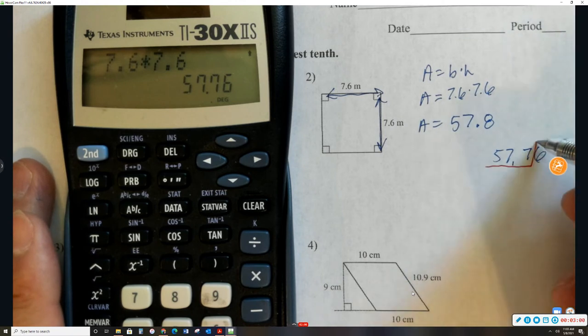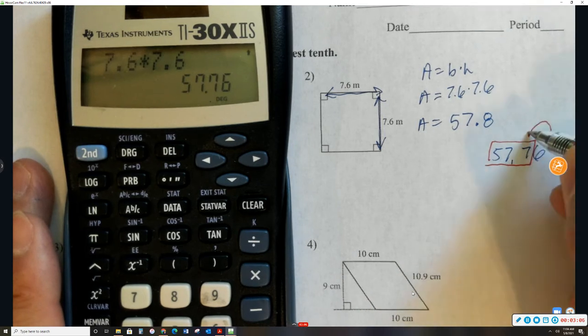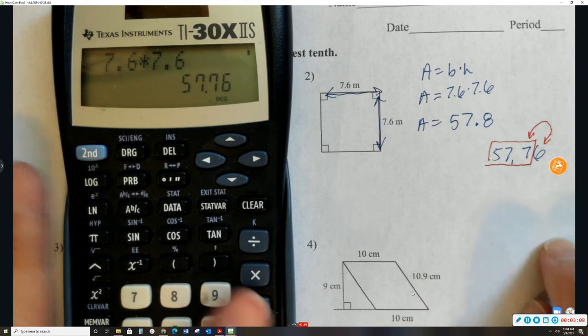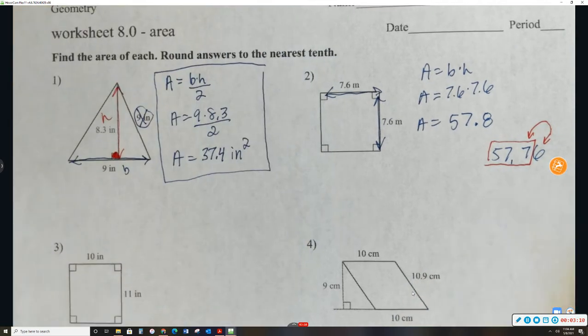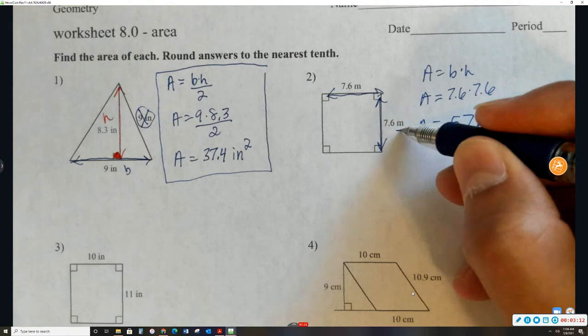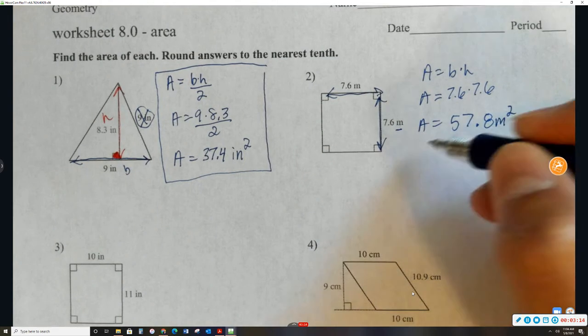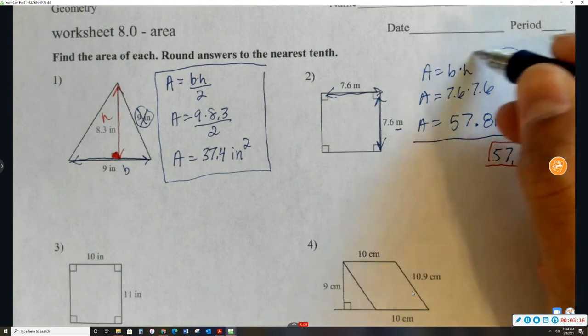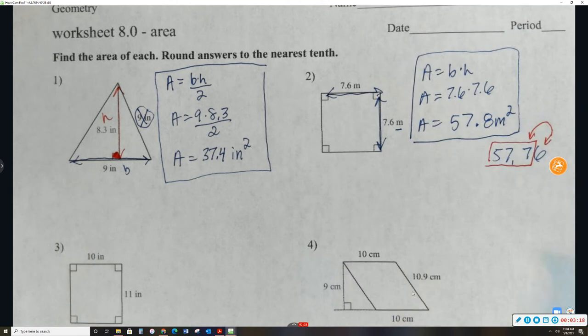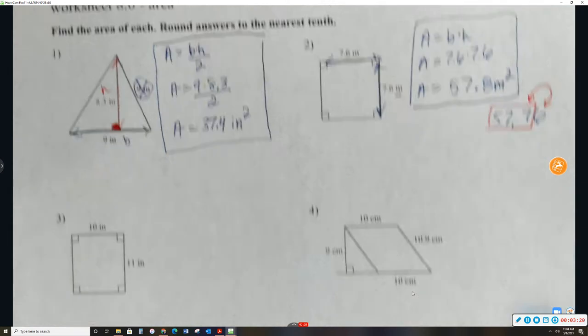This is to the tenths place, so what you do is you check this number. If it's 5 or more, it's going to bump this one up. And don't forget the meters squared. That's not too bad. I'm going to keep going.